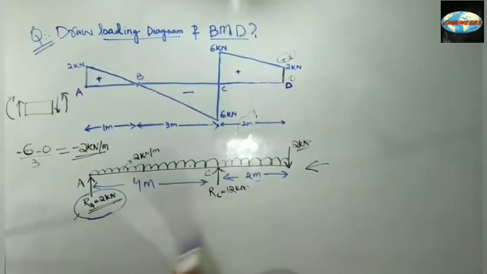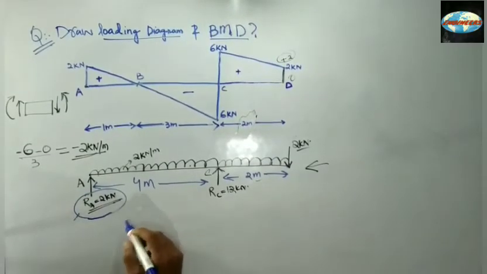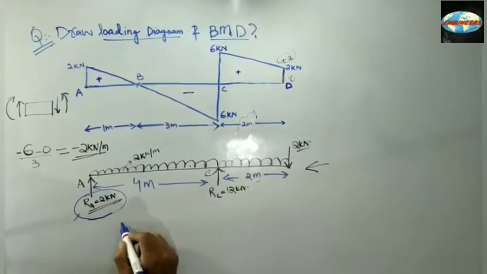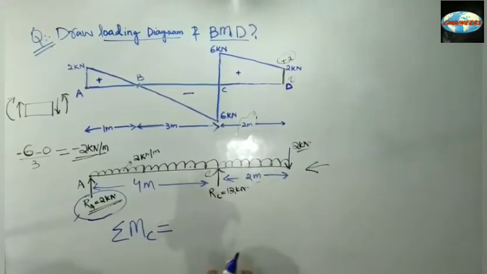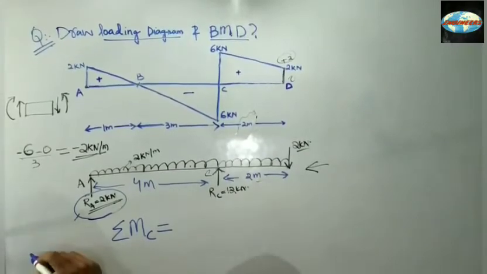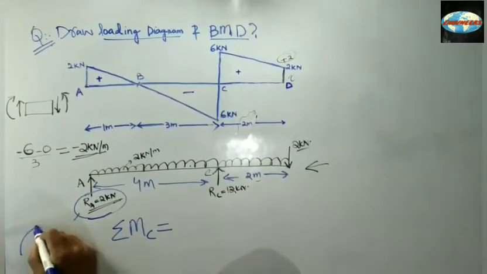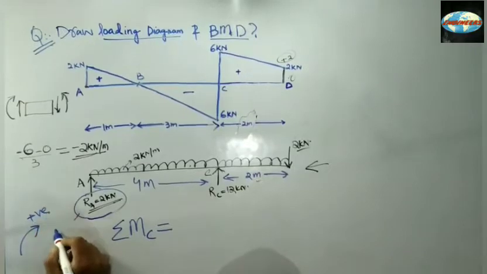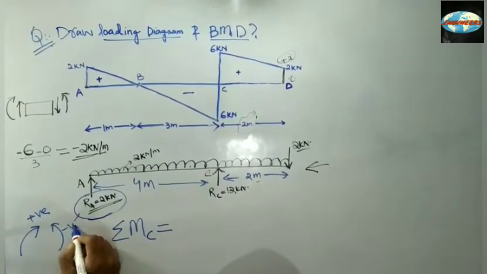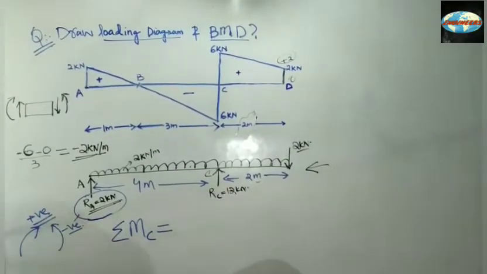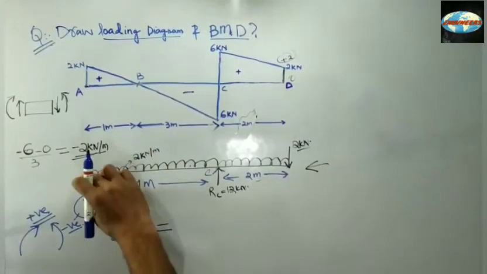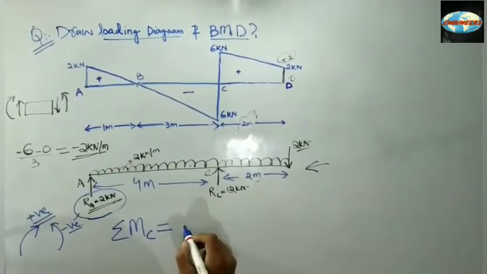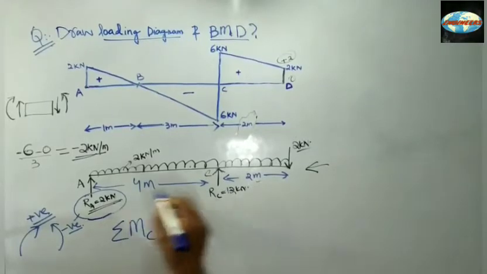Now see guys, if I calculate the summation of moment about C, taking clockwise movement as positive and anti-clockwise movement as negative, we do it like this. The summation of movement about C will be equal to the movement due to support A, whose magnitude is 2 and the lever arm is 4.